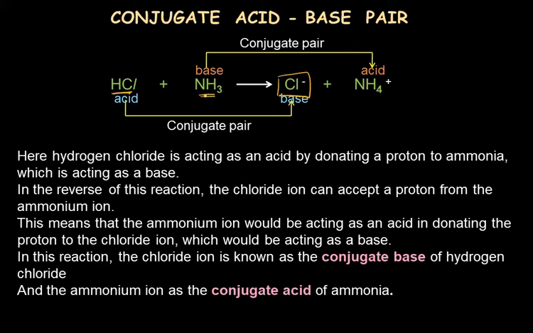The ammonia is acting as a base because it accepted hydrogen ion from the acid hydrogen chloride. After accepting the hydrogen ion, it formed ammonium ion. Ammonium ion in the reverse reaction is acting as an acid. So now ammonia and ammonium ion are the conjugate pair.